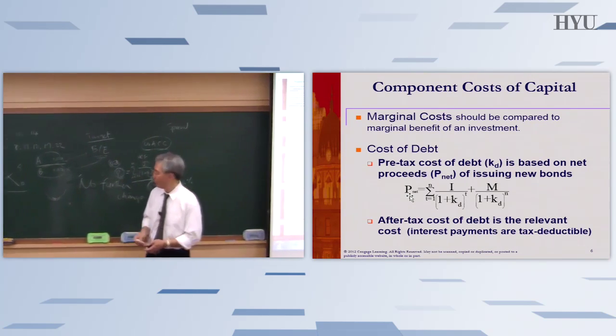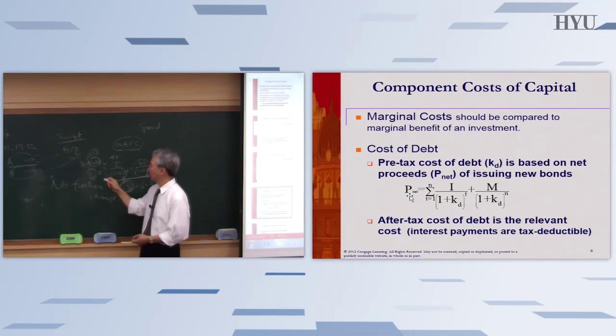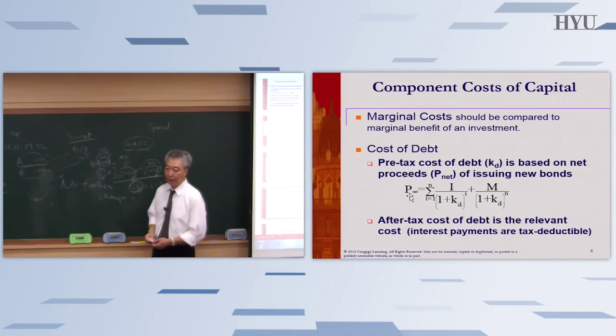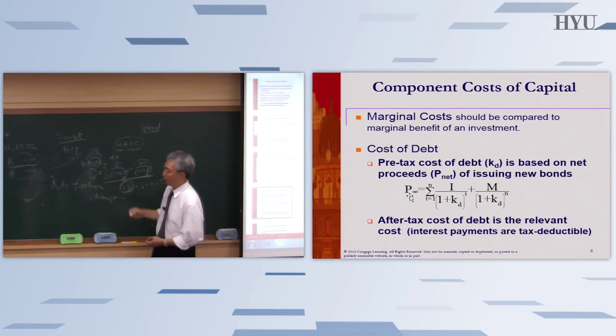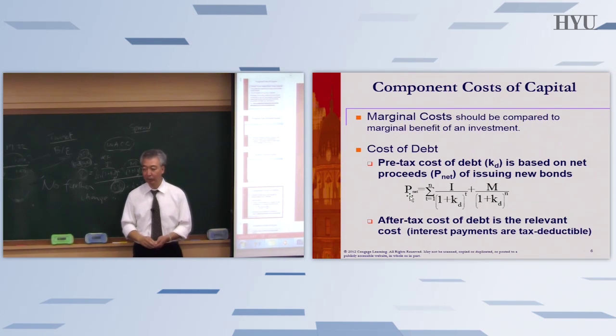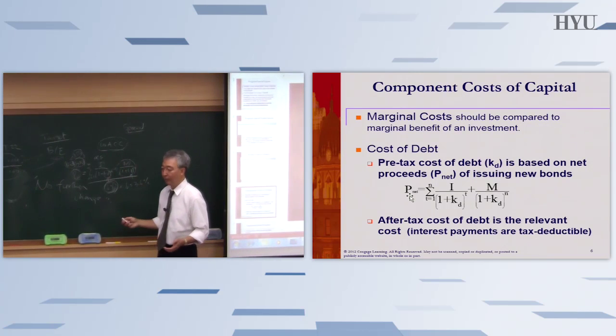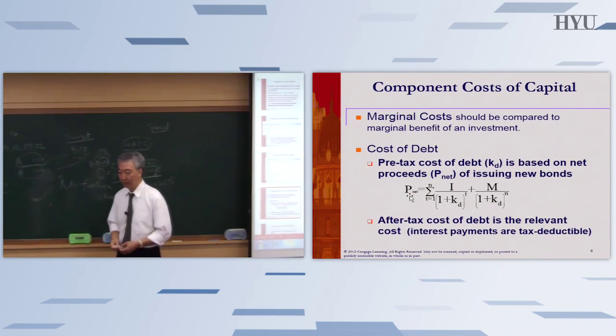Investors may pay $900, but the company may receive only $850. That's the net proceed. So the difference, $50, is called the spread. What happens to this spread? Investment bankers keep this spread. That's how they make money. It's basically a service fee for their advice and actual work.